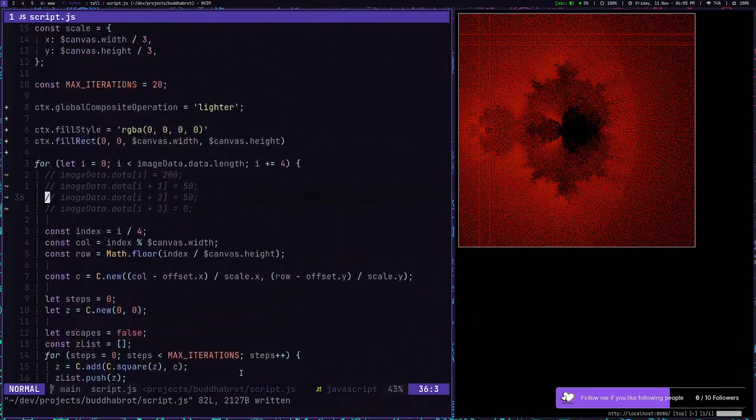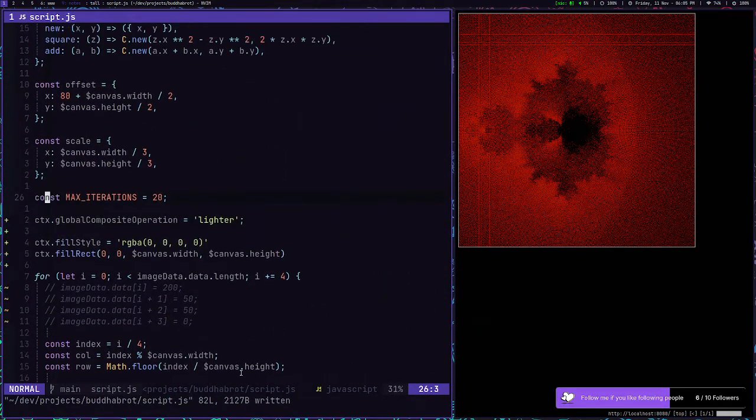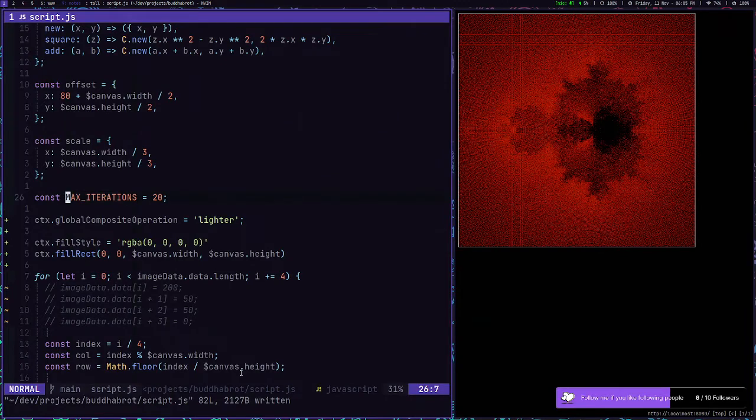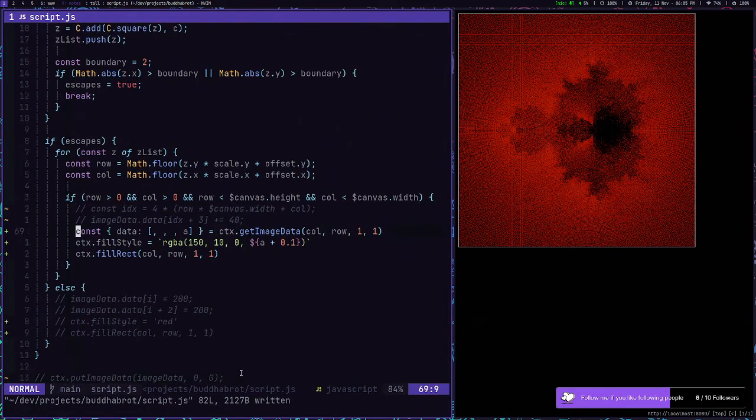Oh, it's taking a while. This is only 20 iterations, by the way. So, yeah, this is not a good sign. I mean, this is the culprit, basically. This is the reason why it's taking so long. So, maybe we'll have a better time. Oh, what if we cache it?